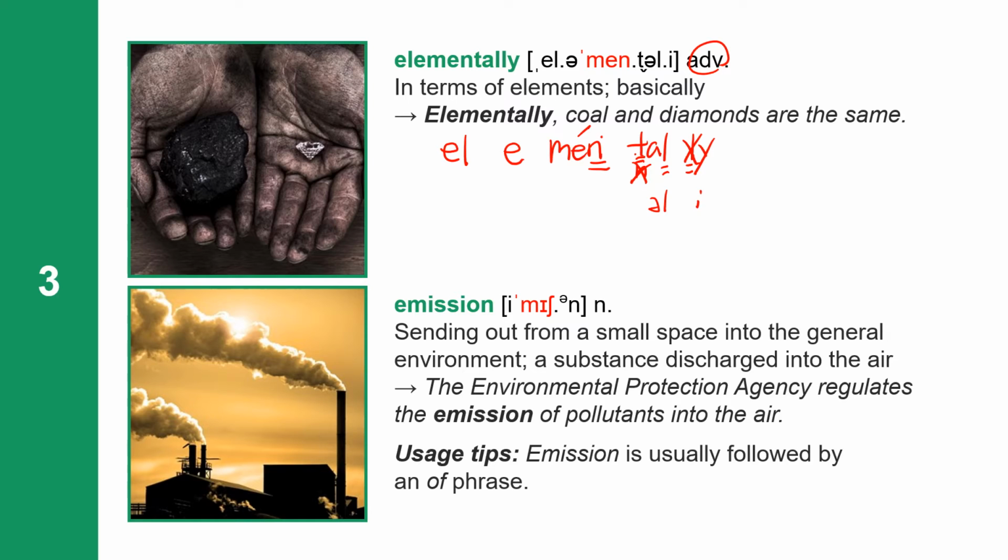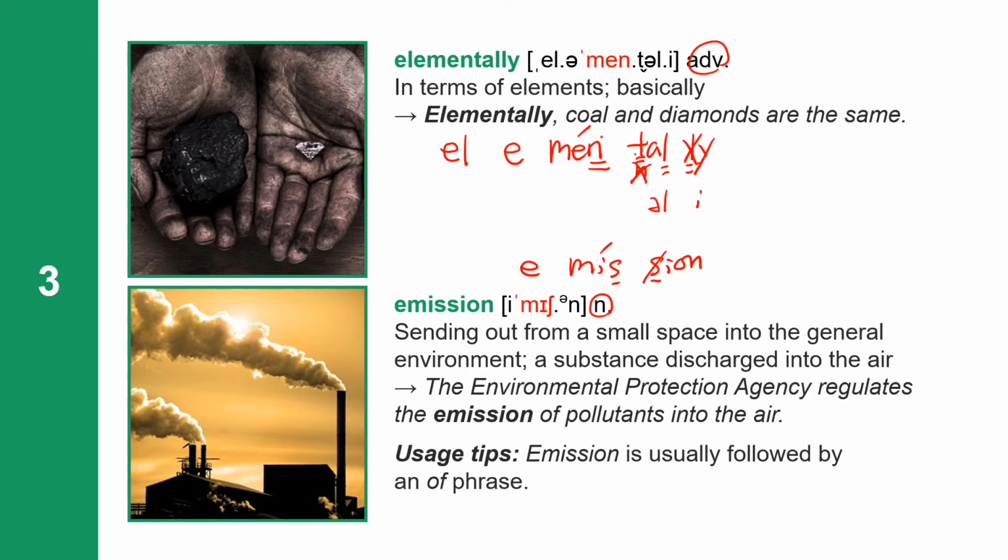Next one, emission. Emission has 3 syllables, E-M-I-S-S-I-O-N. Accent on the second syllable, and then there are 2 S's. You can cancel the second S. Emission. Emission is a noun.